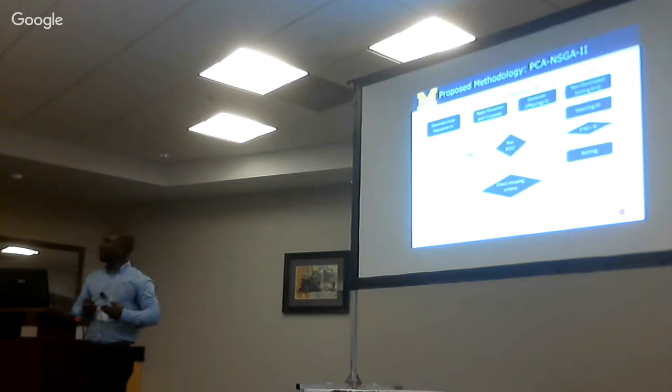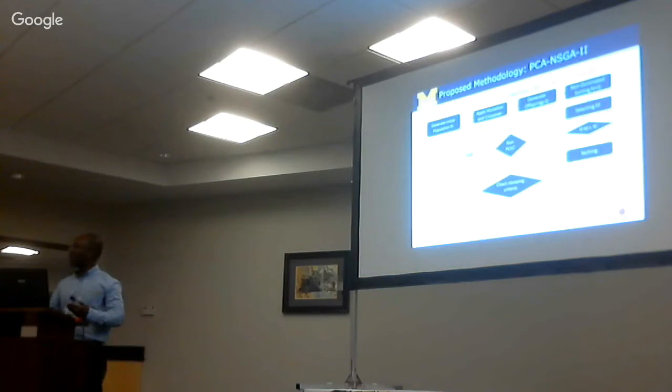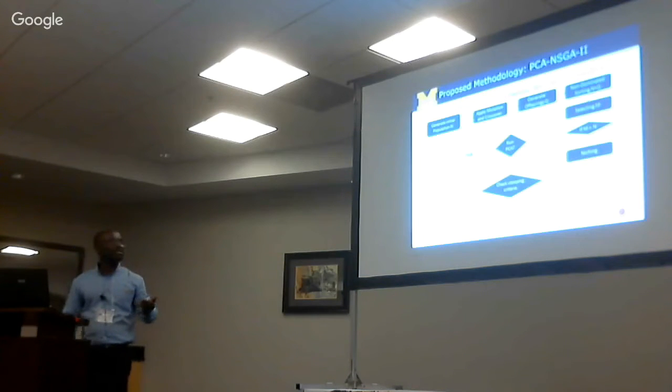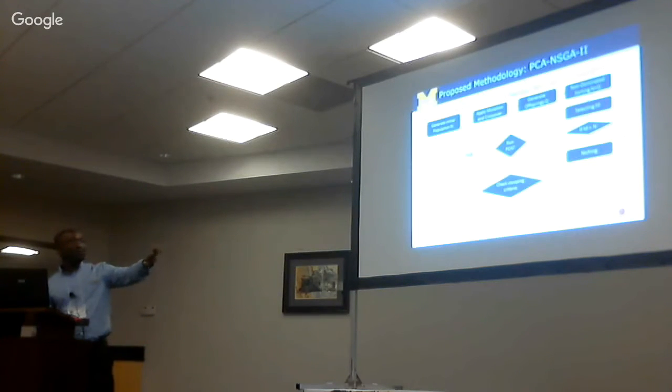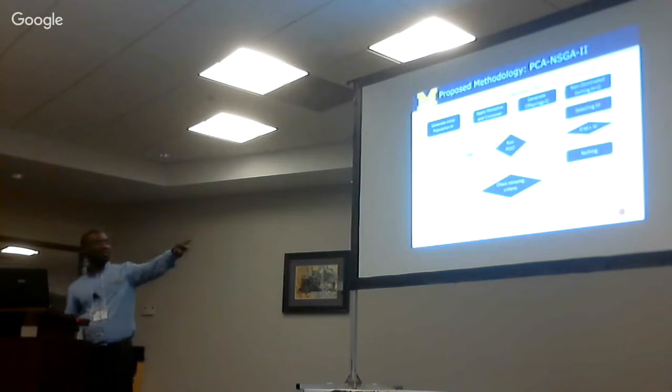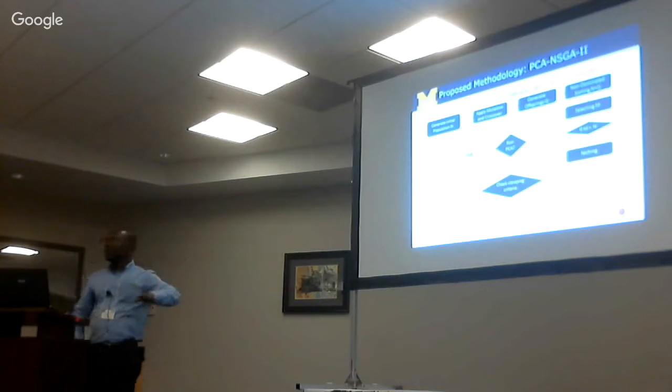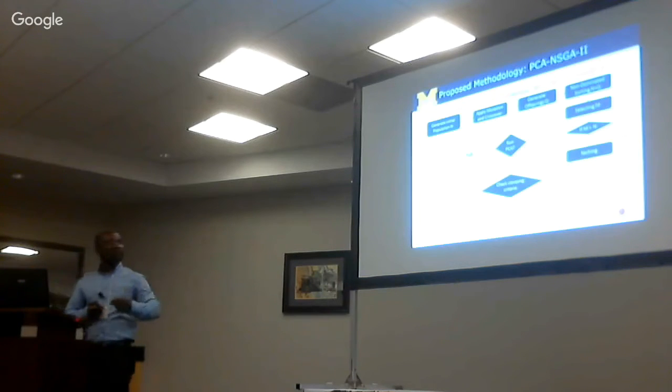At the end of the selection process we evaluate, and we can decide whether to stop or continue with the analysis. What we are introducing here is that, if we continue, we would like to know if we can reduce the objectives by using the PCA block.